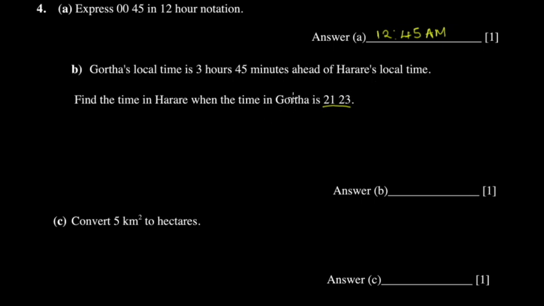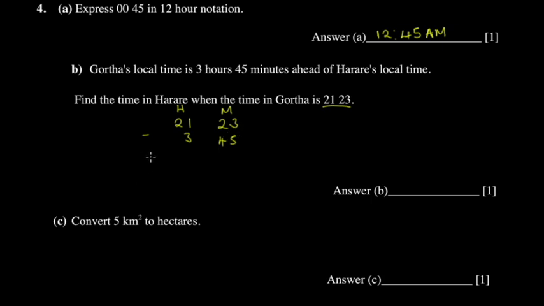So if you want to find Harare local time from Gotha's time, you have to subtract 3 hours 45 minutes. So you're subtracting from 21:23, which is the time. Here you can write these ones as hours and these ones as minutes.